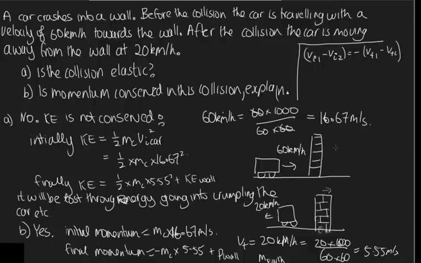Now in this case, the initial velocity is 60 kilometers per hour and 0, so this is 60, and the final is 20, and we've got very close to 0, so around about 20, so clearly they're not elastic. But this equation holds for elastic collisions. You show it by solving simultaneously the equation for conservation of momentum and the equation for conservation of kinetic energy for two objects colliding.